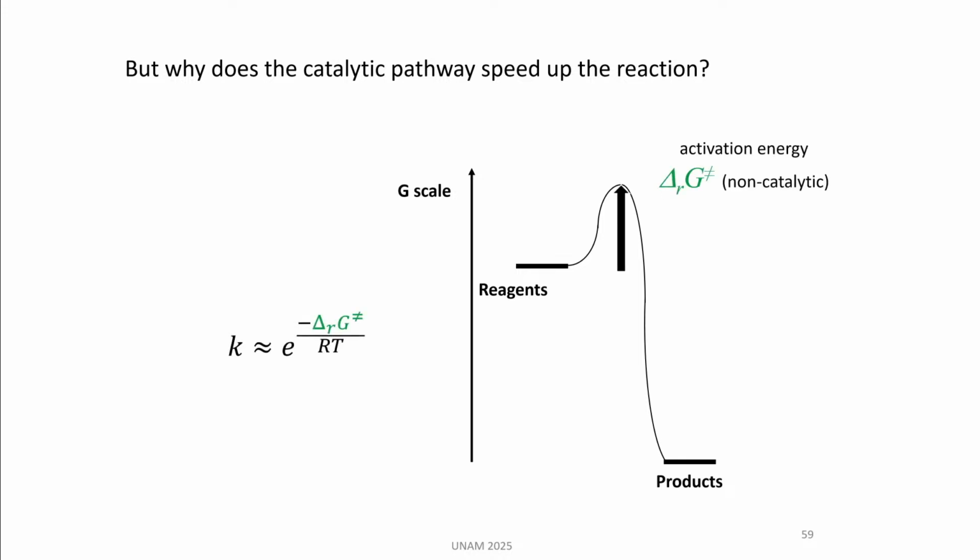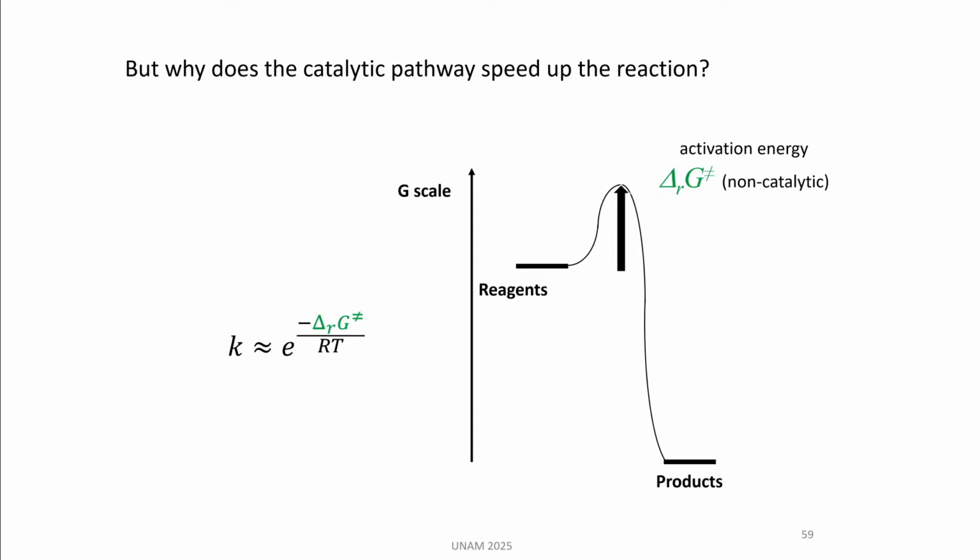And the height of this energy barrier is the free enthalpy of activation, noted with this exponent, the double-dagger sign. And you have something that looks very much like the expression for the thermodynamic constant, but this time it's an expression for the kinetic constant k, related to the reaction rate. k is in exponentially decreasing proportionality with delta G of activation.